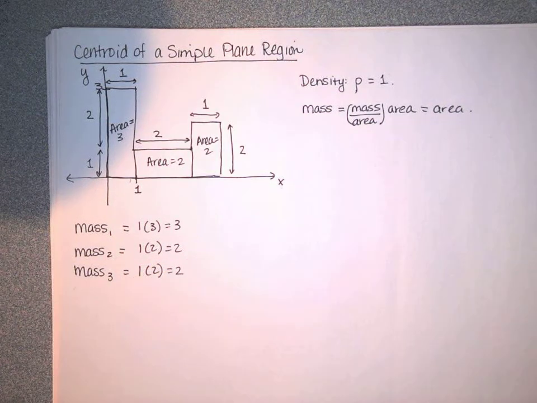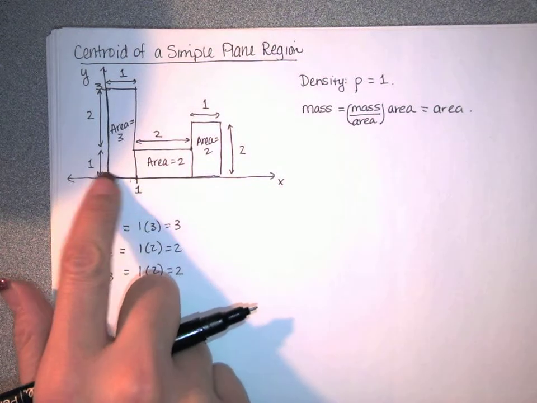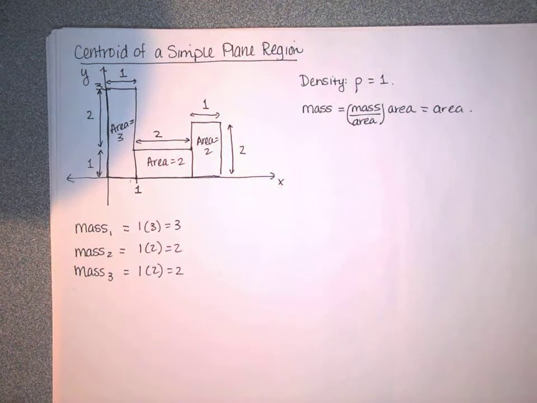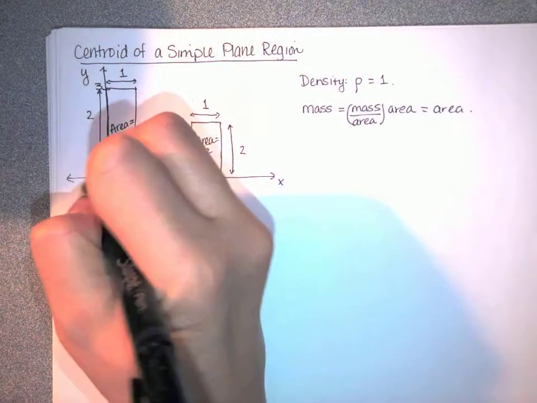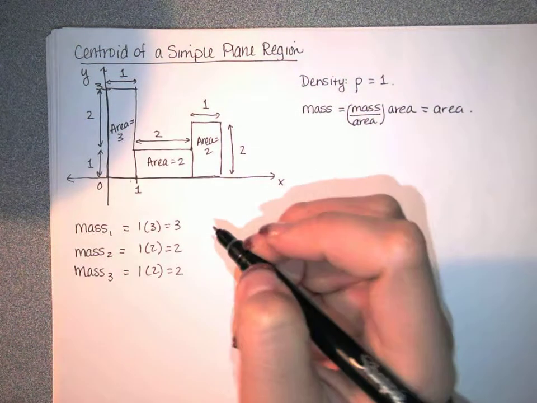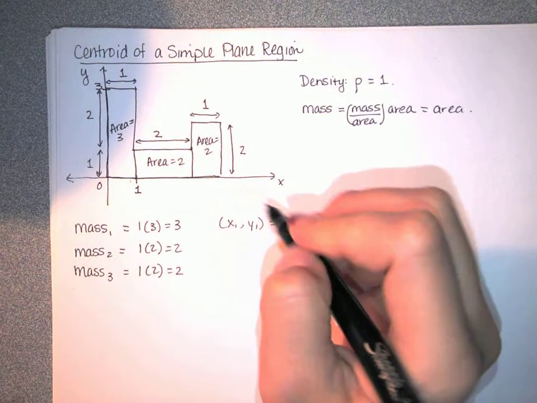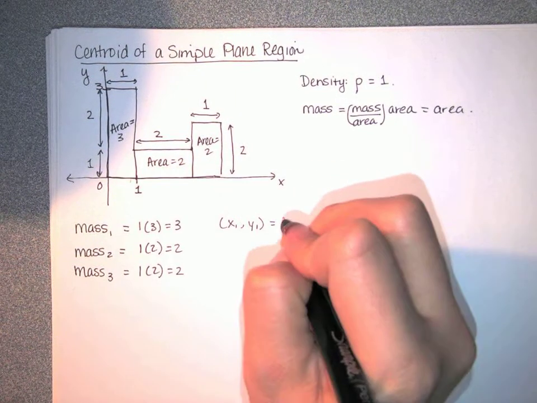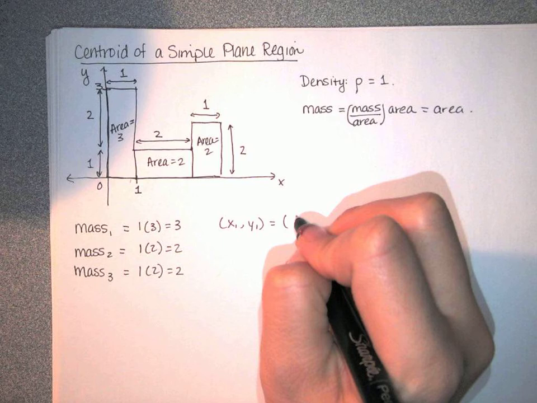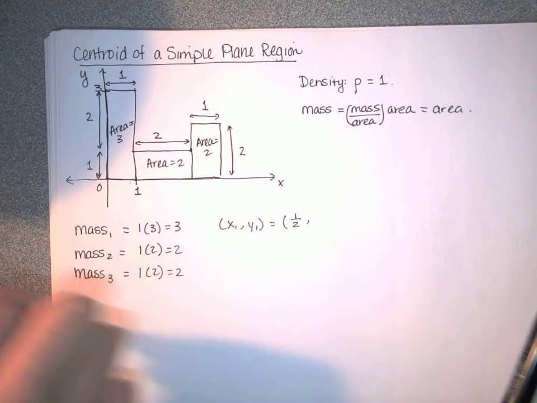Okay, and then because of symmetry, these are rectangles. We know exactly where the center of mass is. It's going to have to be given by the average x value here and the average y value. Well, the average x value between 0 and 1 is the average of 0 and 1, so it's going to be 1 plus 0 divided by 2, which is 1/2, which makes sense.